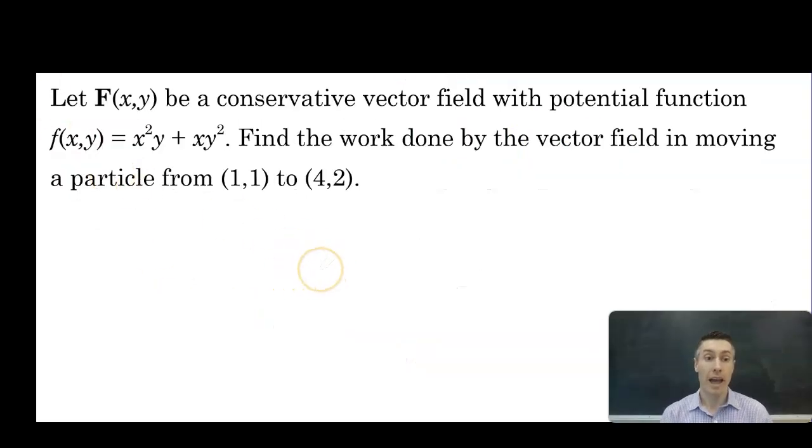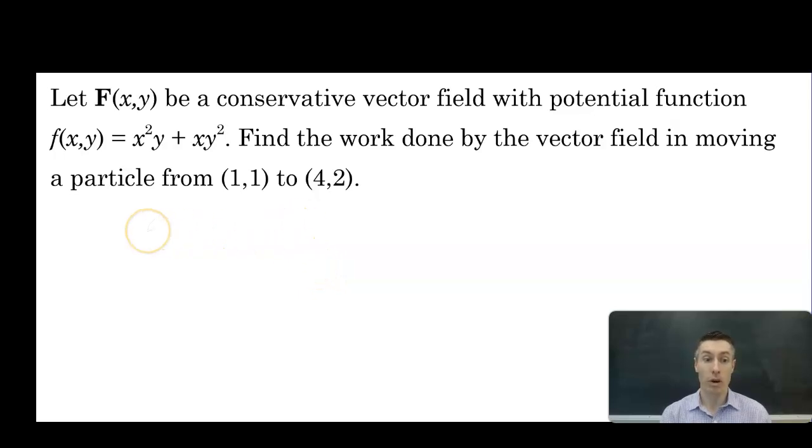So let the vector field f be a conservative vector field with potential function f of x, y being equal to x squared y plus x y squared. Find the work done by the vector field in moving a particle from the point 1, 1 to the point 4, 2.